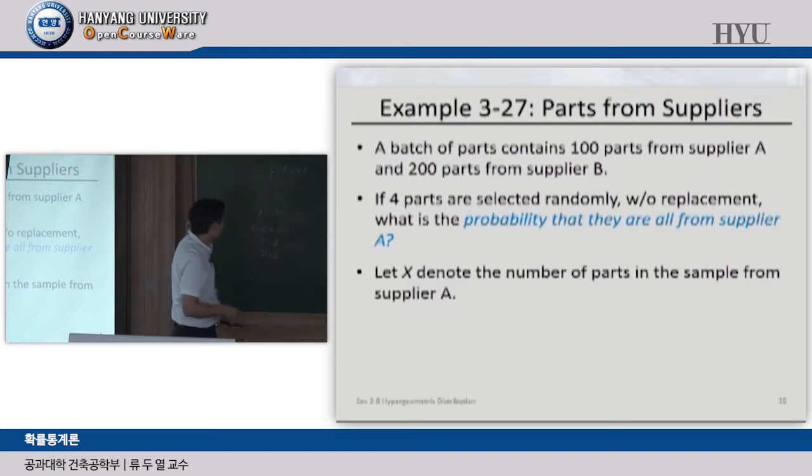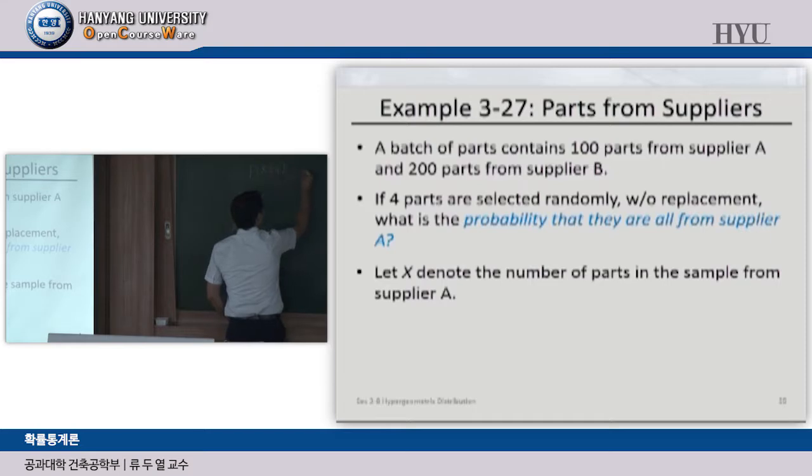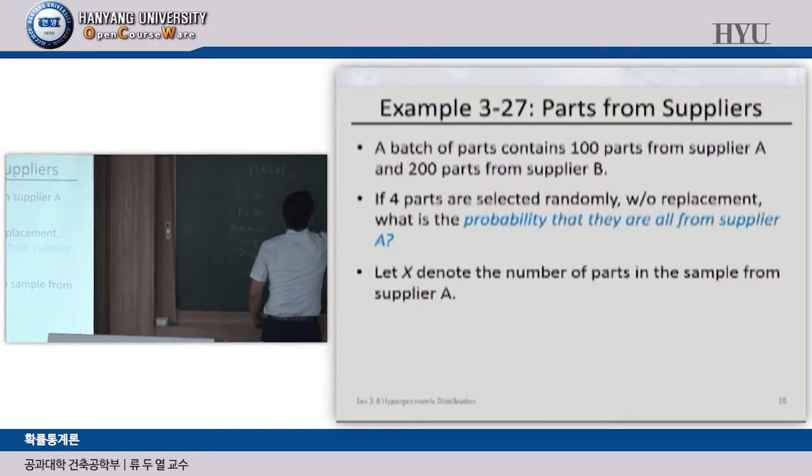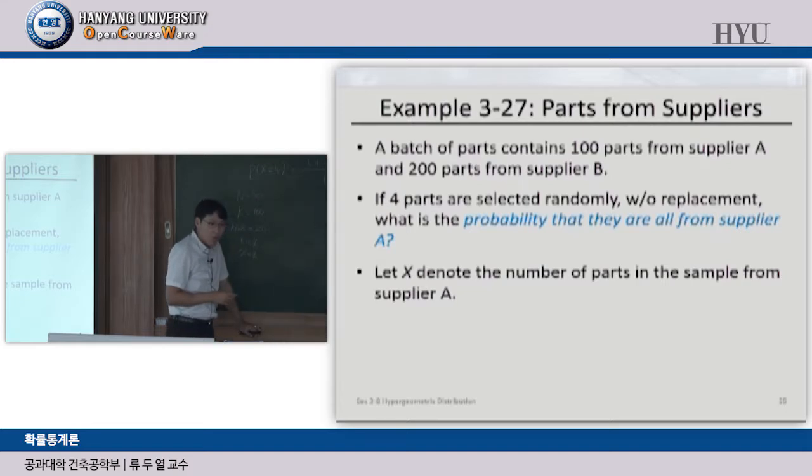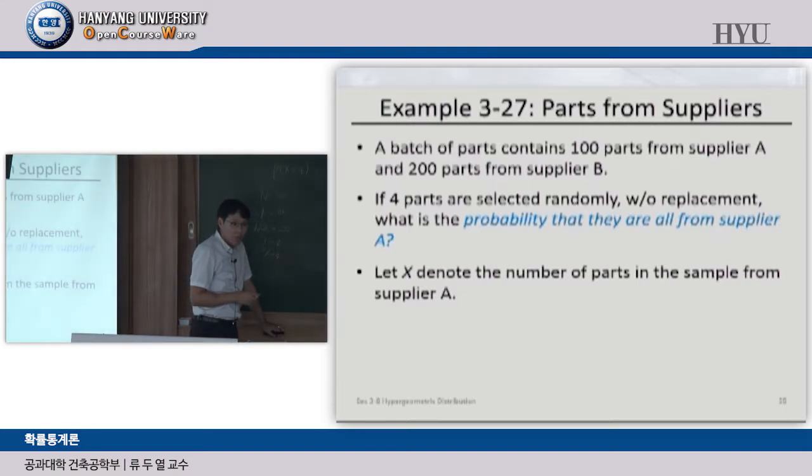So this can be 100 choose 4, 200 choose 0 over 300 choose 4.